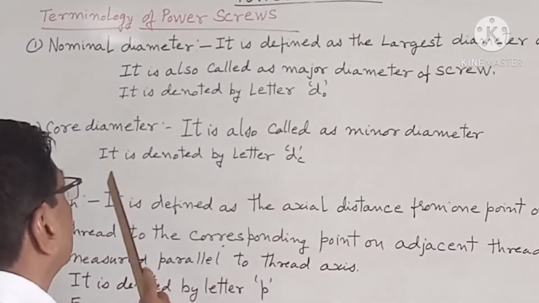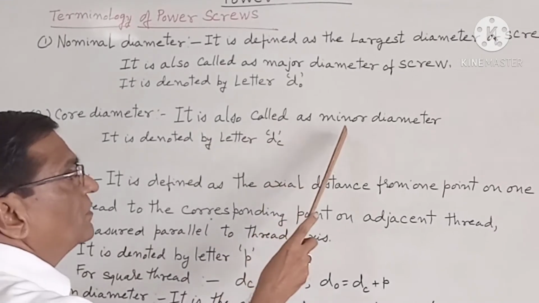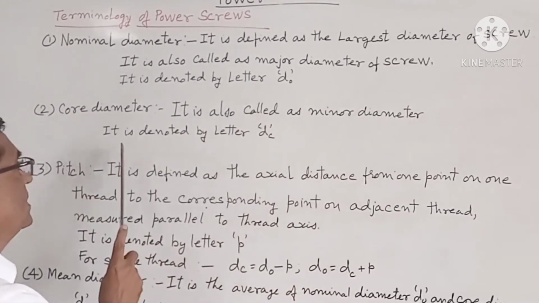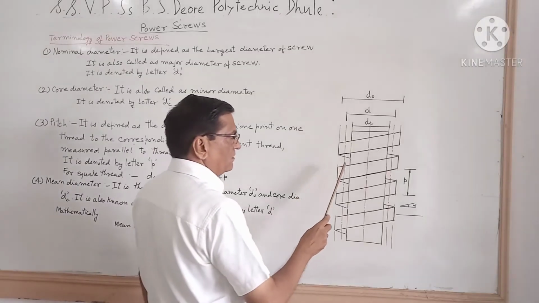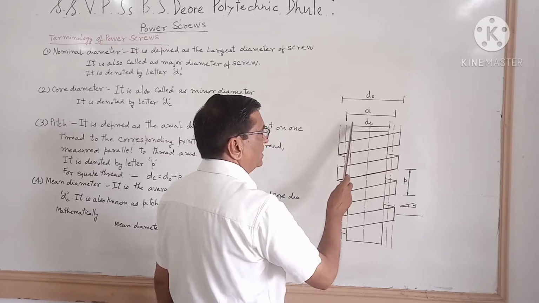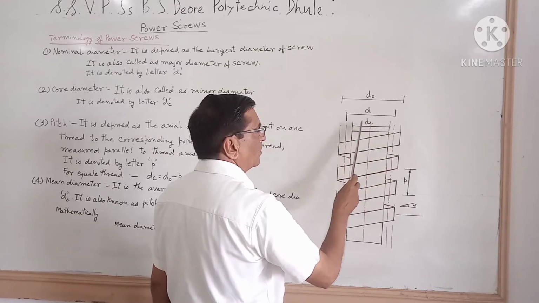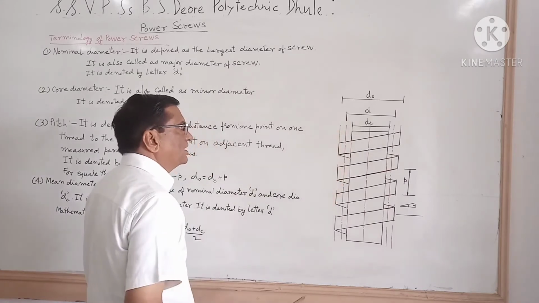Now next is the core diameter. It is also called the minor diameter. It is denoted by letter Dc. These are the roots of the threads, so this diameter is known as the root diameter or core diameter of the screw. This is the smallest diameter of the screw.